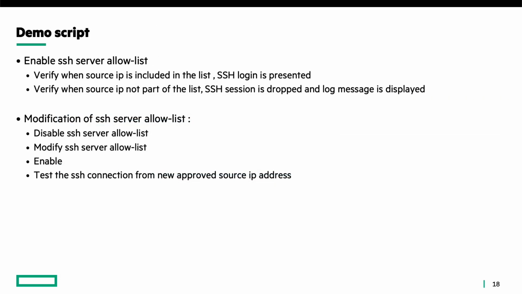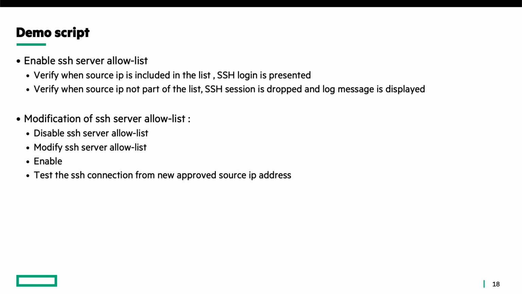Now I'm going to present you a quick demo. Regarding the demo script, I will enable the SSH server allow list feature. I'm going to verify that if the source IP address is included in the list, the SSH login is presented via the CLI. If the source IP is not part of the list, then the SSH session is dropped.